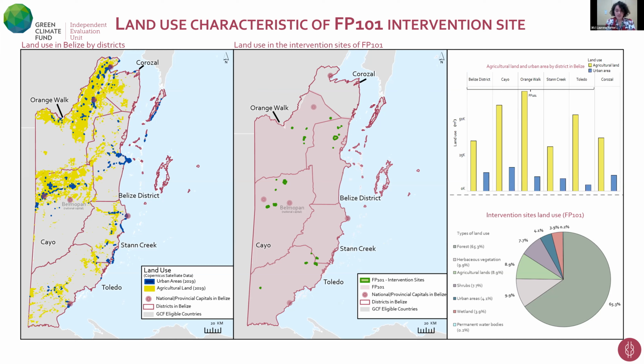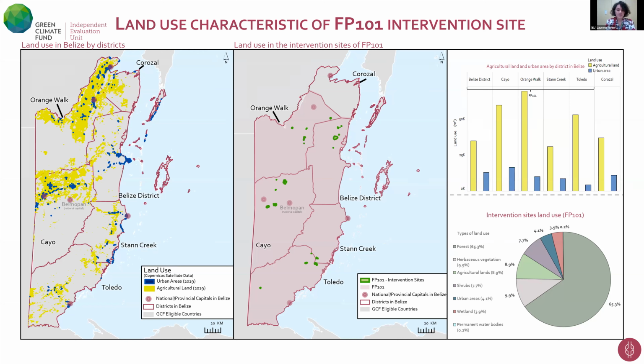From the funding proposal, we learned that the project will increase resilience of smallholder farmers in Belize to climate change impacts that have negative consequences on agricultural yield of important commodities for the country. And the project will initially work in 23 communities in 5 of the 6 districts.